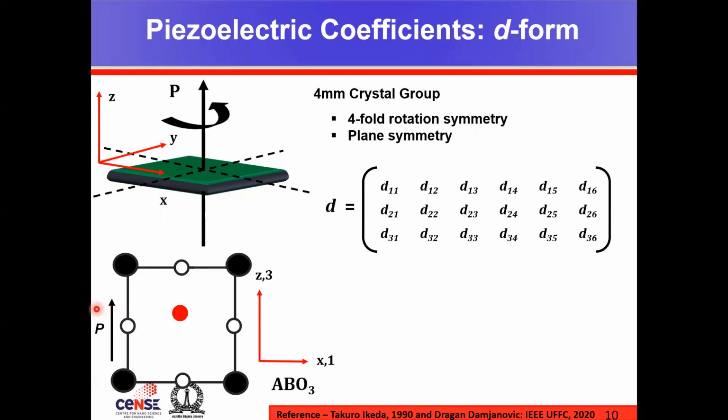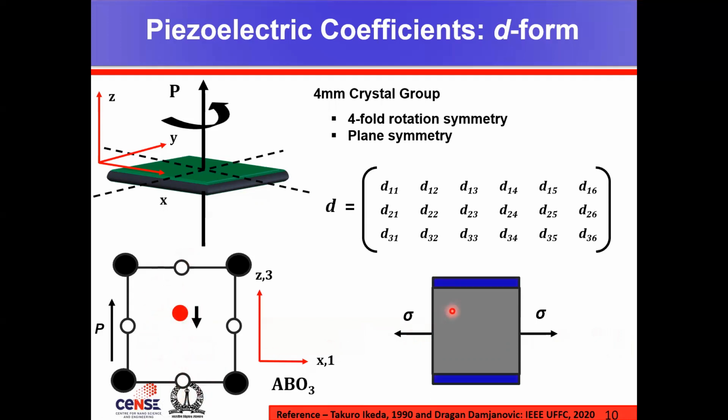In this particular example, we are looking into the ABO3 perovskite structure, where the polarization is indicated as shown. Now, consider the case where we are analyzing a transverse piezoelectric coefficient, where we apply a mechanical stress along axis 1 and try to collect the charge across axis 3. When a mechanical force is applied across axis 1, we see that there is a change in the arrangement of the atoms, right?